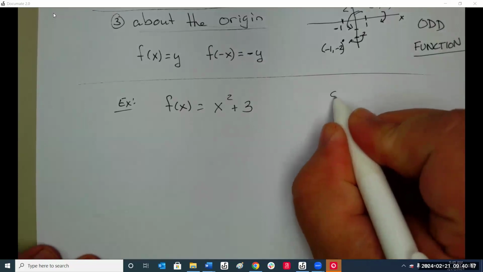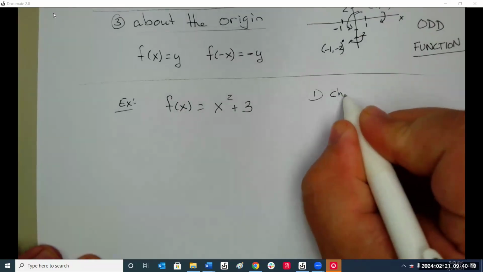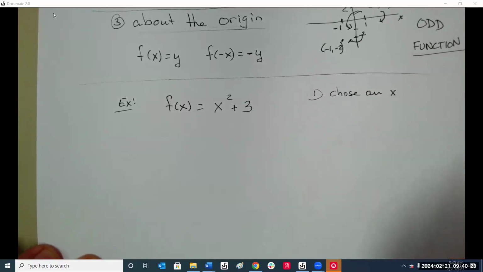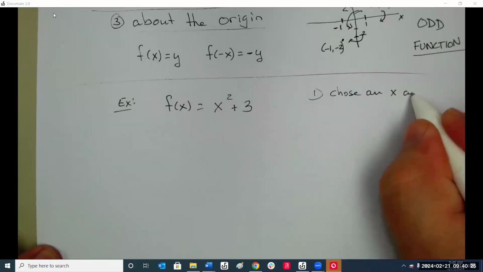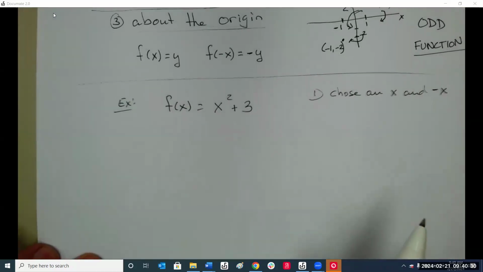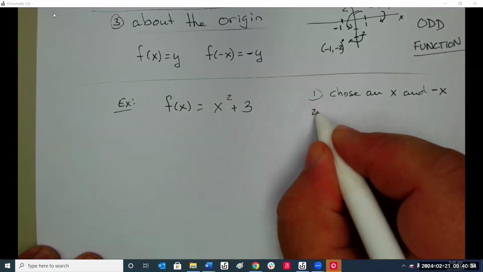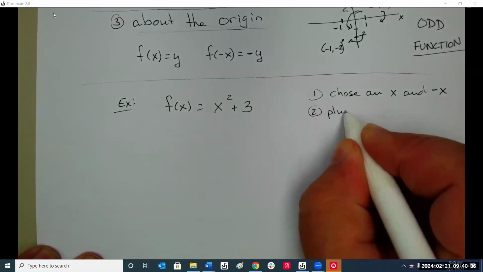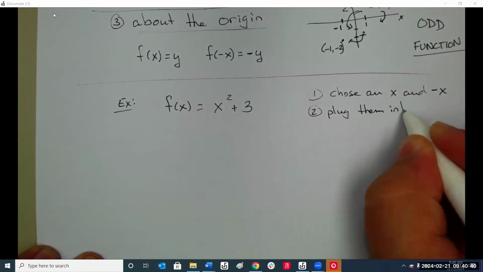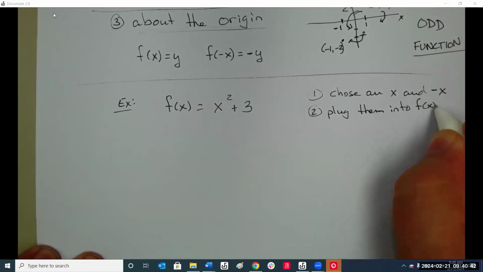First step, choose an x, and also the same number on the opposite side. Plug them into the function.